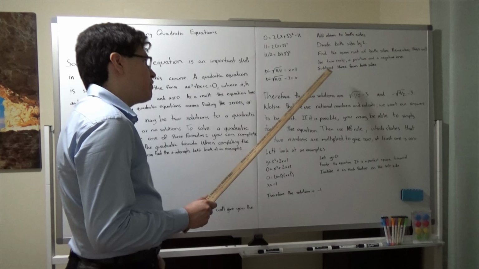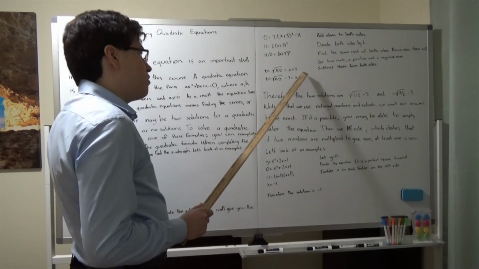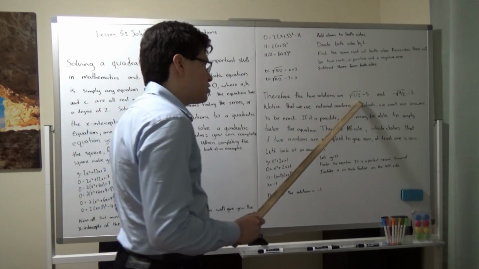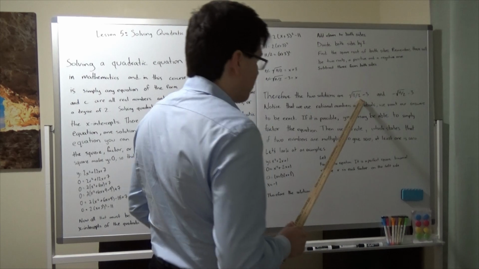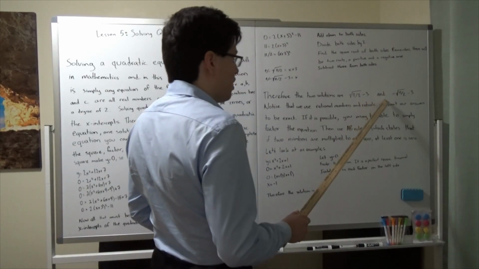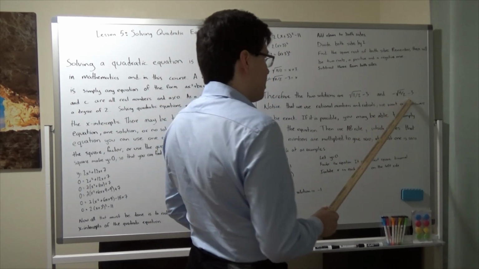Finally, we subtract 3 from both sides. We get our answer. Therefore, these two solutions are positive root of 11 over 2 minus 3 and negative root of 11 over 2 minus 3.